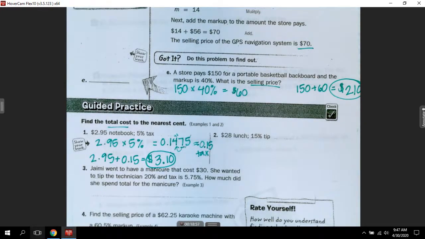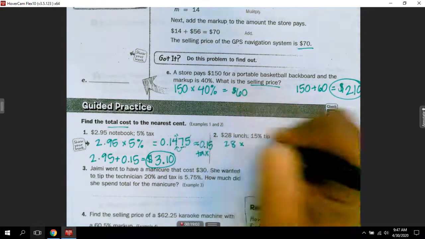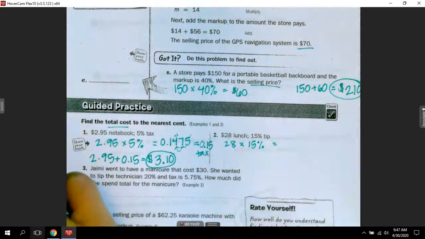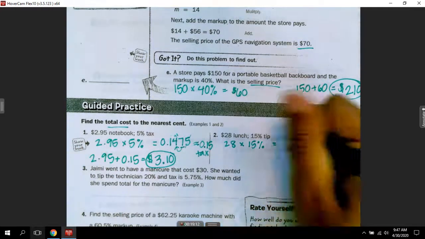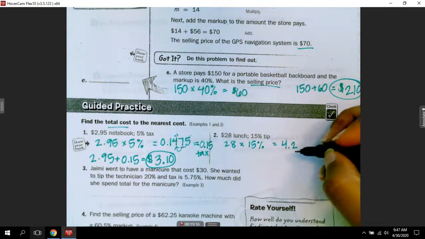All right, we have a $28 lunch and a 15% tip. So again, we're multiplying 28 times 15%. So that is 4.2. So remember, this is money.